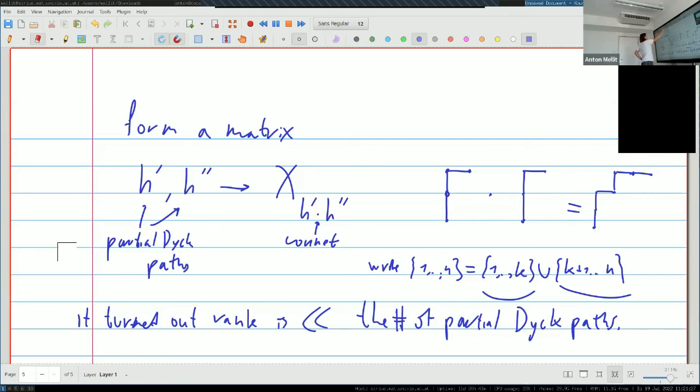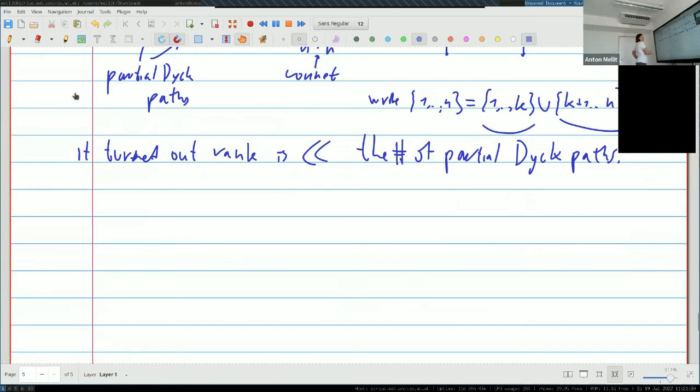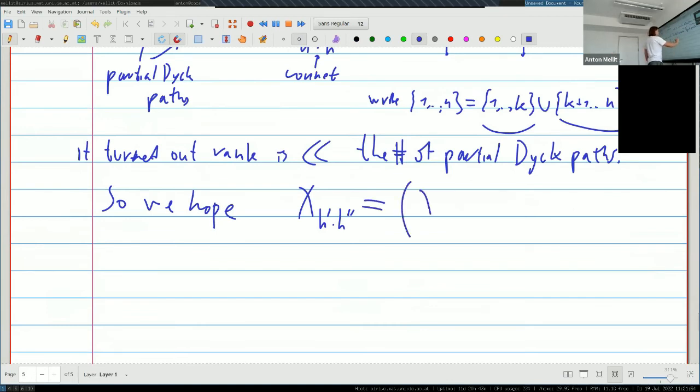And then we were trying to guess what would be the space, so that we hope the concatenation of the two paths is given by some operation applied to each part here. And then using dimensions, we could get that.